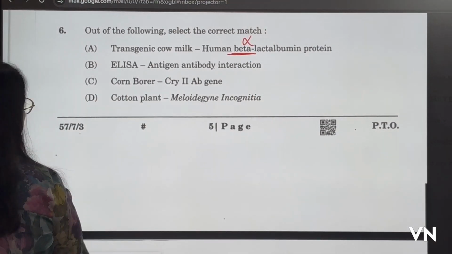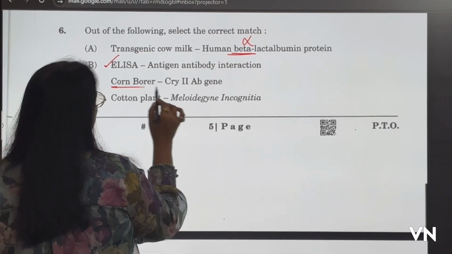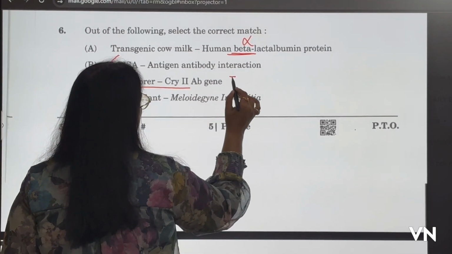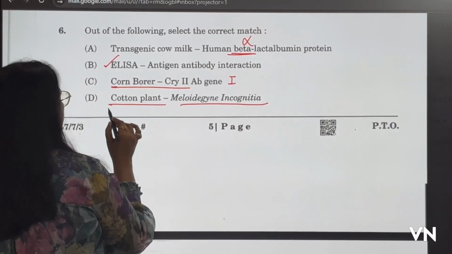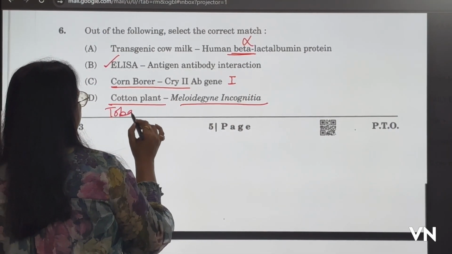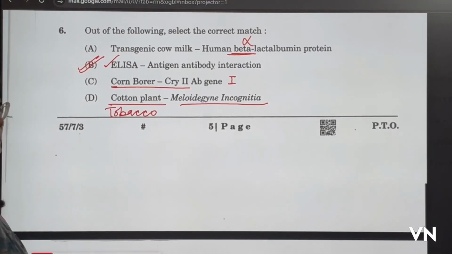Then ELISA, antigen antibody interaction correct है. Corn borer cry2, cry1 होता है. Cotton plant Meloidogyne incognita wrong है, यहाँ tobacco plant आएगा. So this is B option.